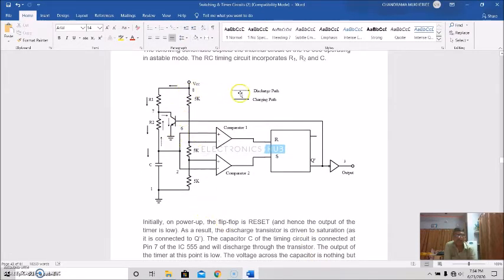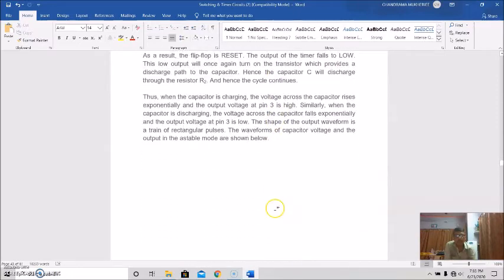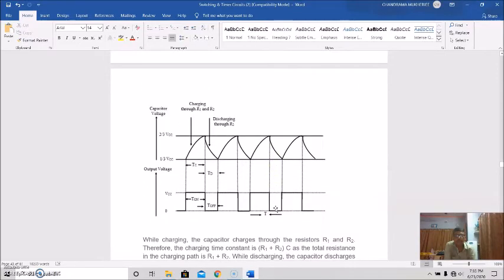This is the charging part, and this is the discharging part. Only R2 is in the discharging part, and in the charging part of the capacitor, both R1 and R2 are present. That's why the capacitor voltage charges through R1 and R2, and discharges through R2.